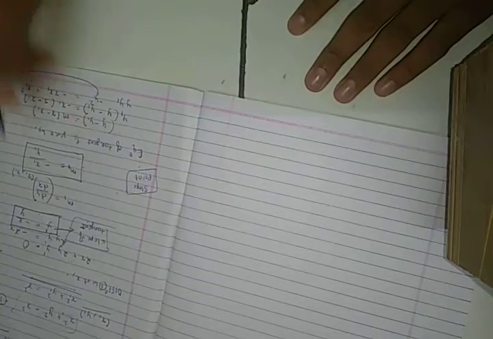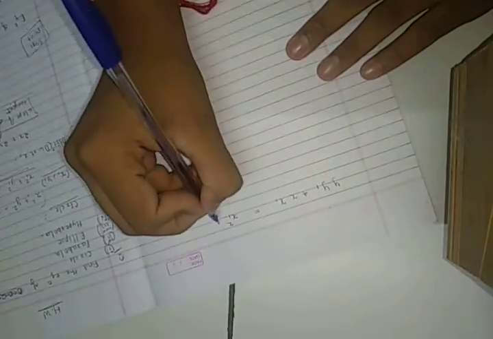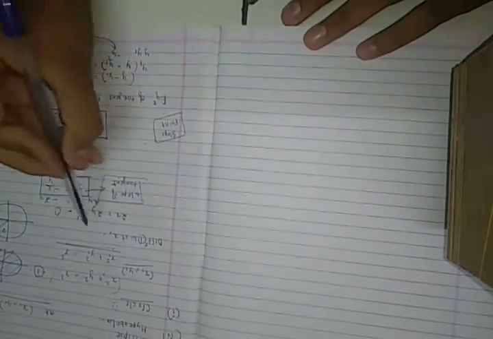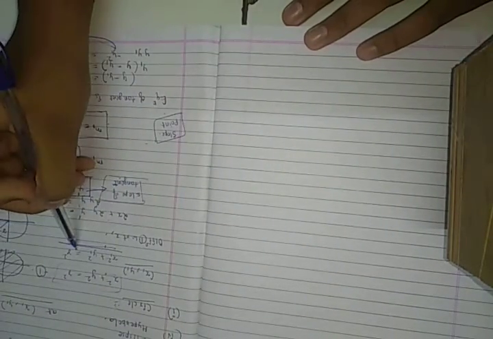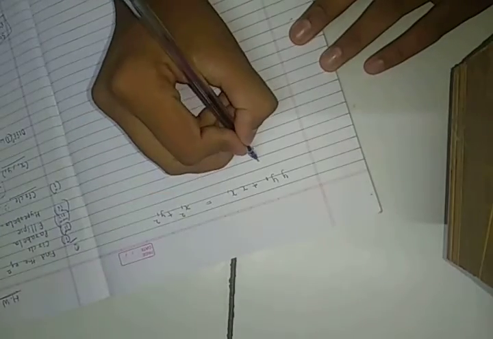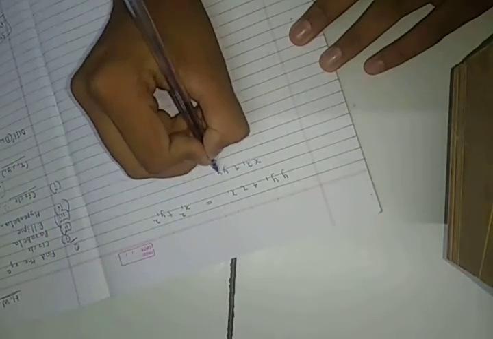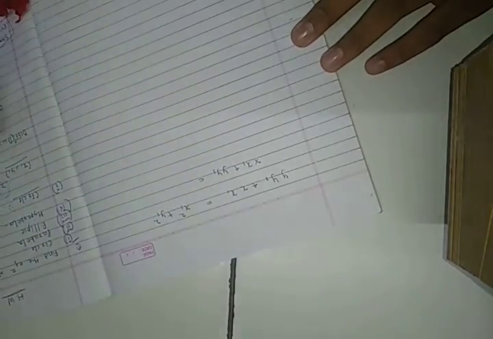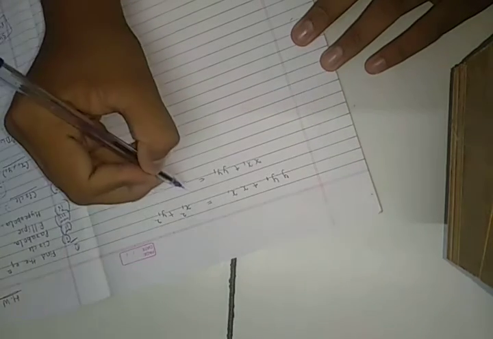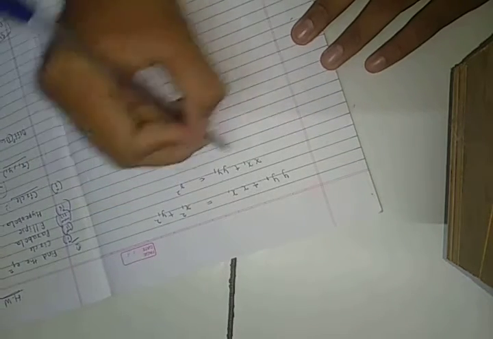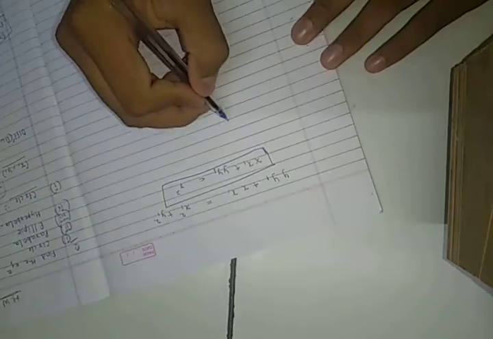Now x1 square plus y1 square is r square, which we have proved. This is the equation of tangent to the circle.